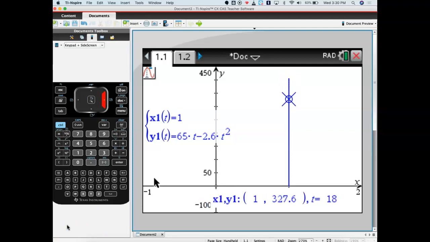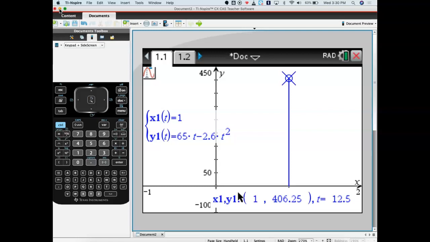I'm just holding my arrow down, and it's showing the path of the ball right up there. Notice if you look down there, it's at its maximum height, and my maximum height is, I need this thing to write, so hold on. Get this guy.